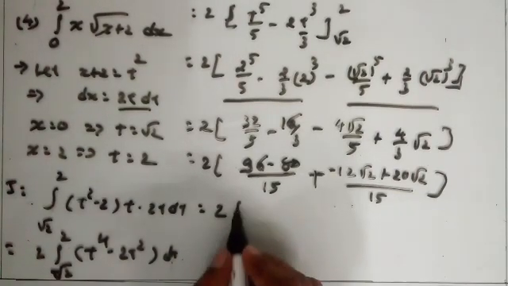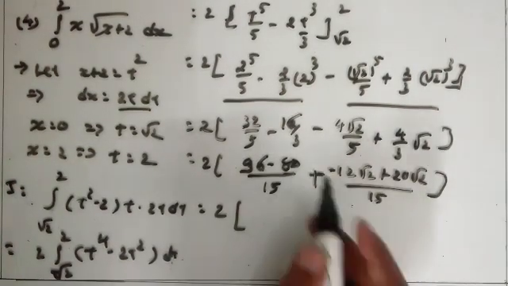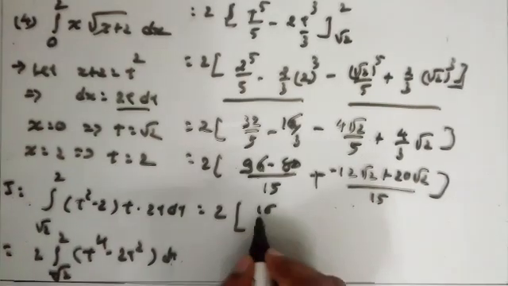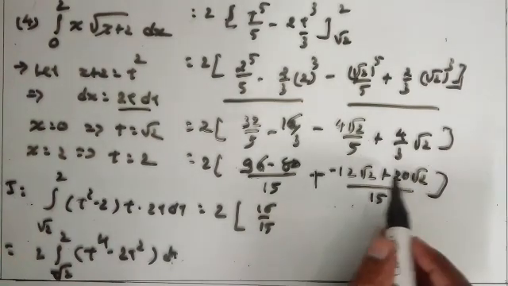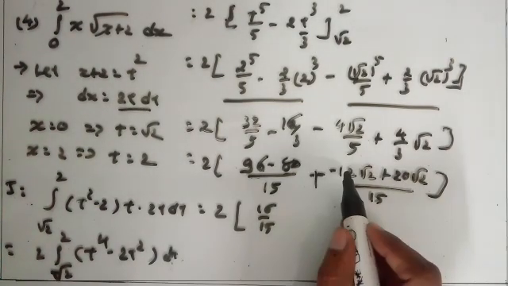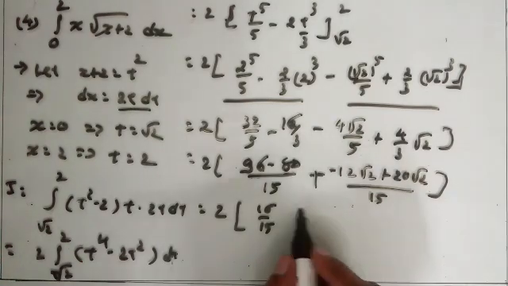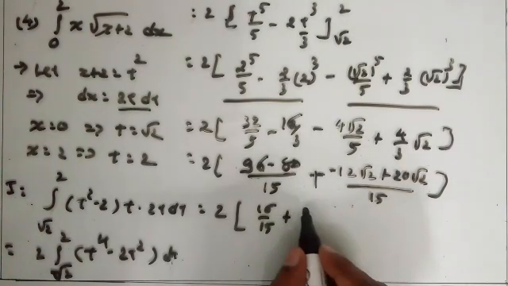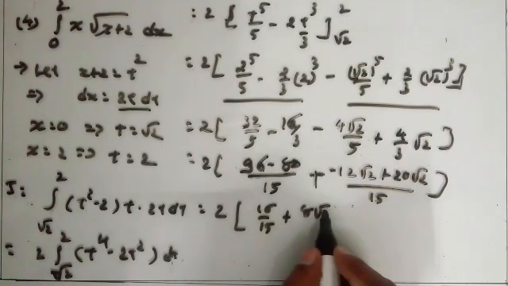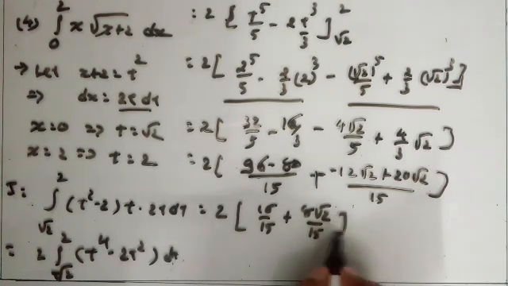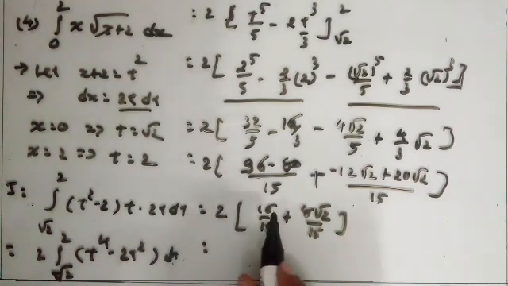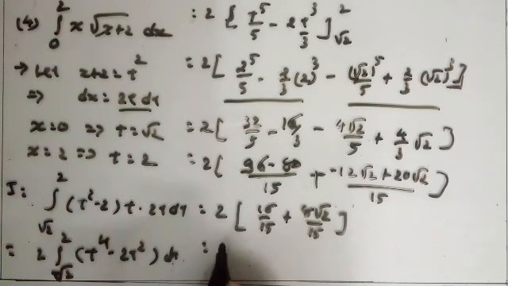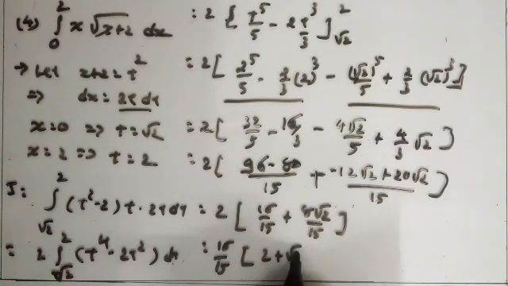Here we get 96 minus 18 becomes 16 upon 15, and 20 root 2 minus 12 root 2, so becomes plus 8 root 2 upon 15. So is equal to, here 8 upon 15 take outside, so 8 to 16 upon 15 into bracket, here 8 take common, so 2 plus root 2.